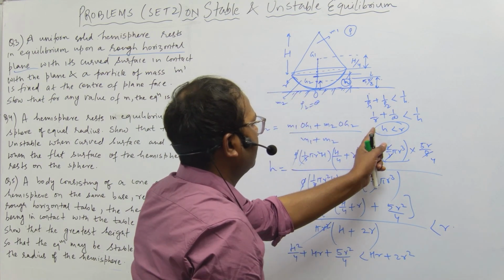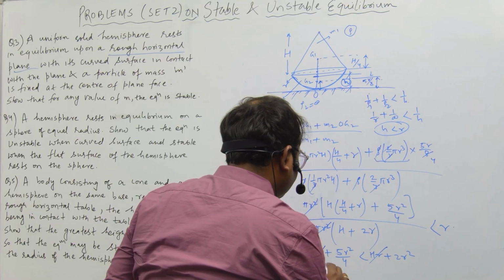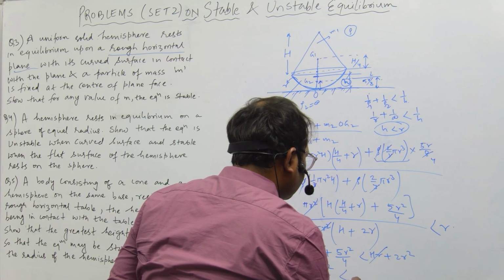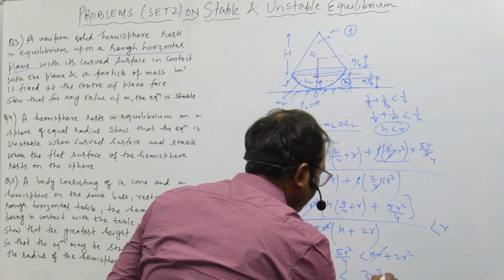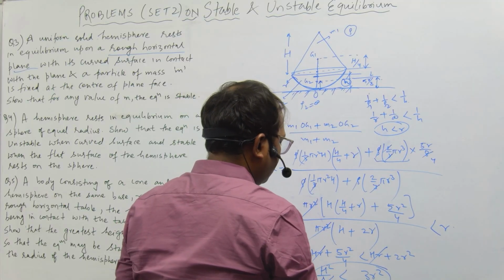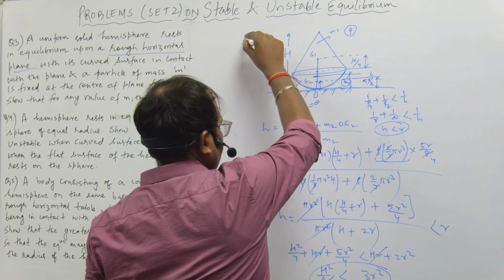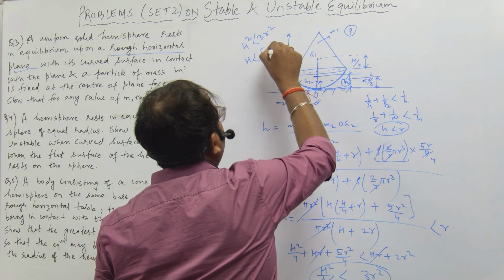From this expression, Hr gets cancelled. So we have H square upon 4 is less than 3r square upon 4. So this gets cancelled, and from here we have H square is less than 3r square. This means H is less than root 3 r.